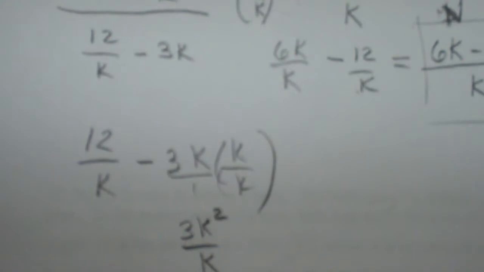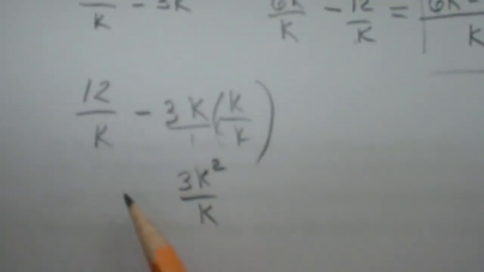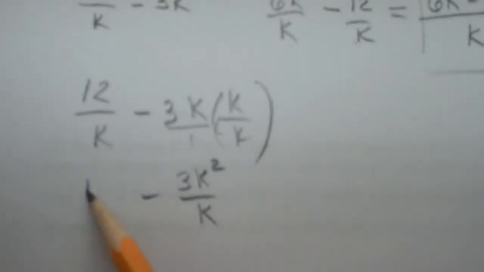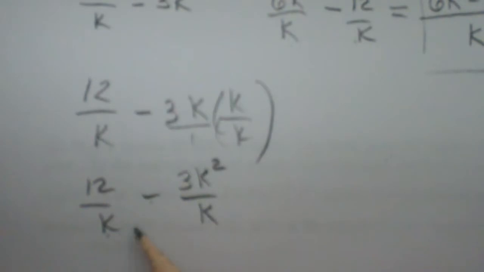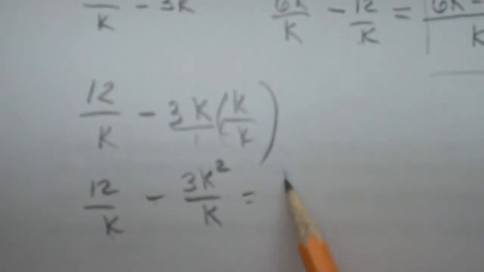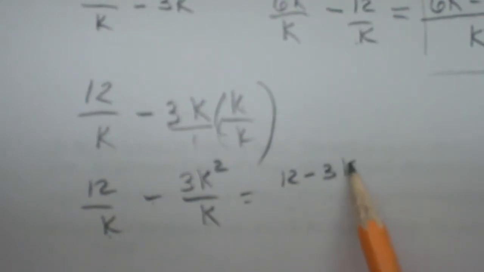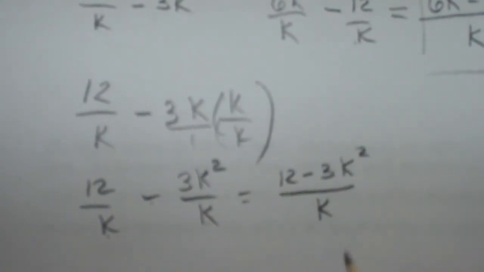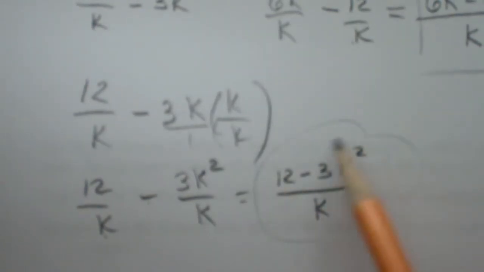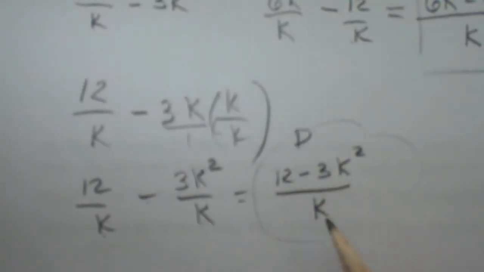This is over k, right? 3k squared over k. And this is 12, we're bringing this down, 12 over k minus 3k squared over k. Good. These denominators are the same now, and so we can actually combine things. So we get 12 minus 3k squared over k. This can be factored some, but for now we'll leave it. This is the denominator part.